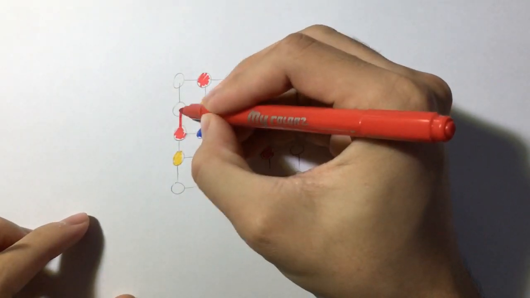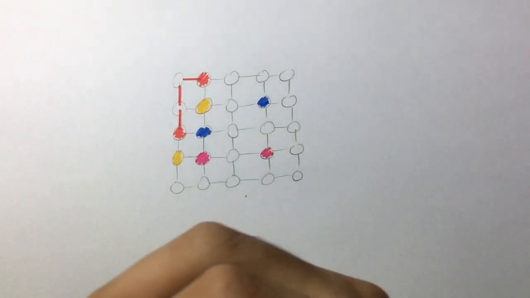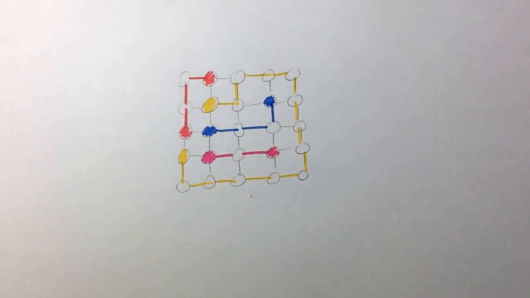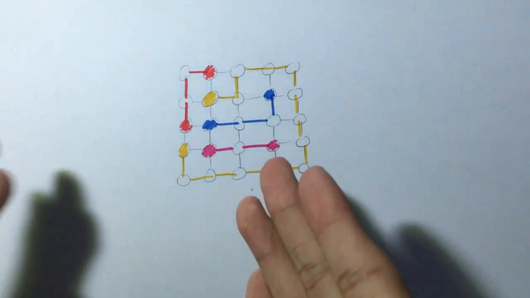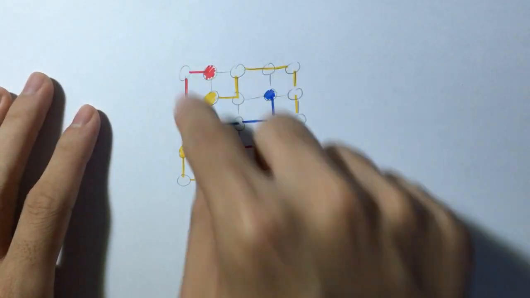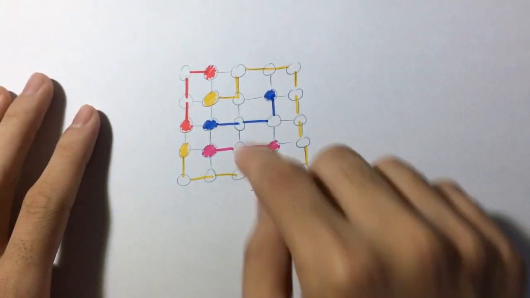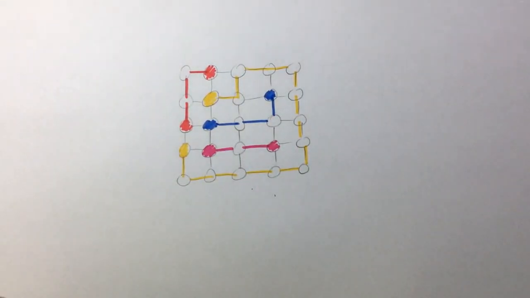So red might have lines drawn over these particular edges. As you can see there, a bit unclear, but the whole point is we are given this arrangement of dots and we're trying to find how we can color in these different lines so that the same colored dots are all connected like so.